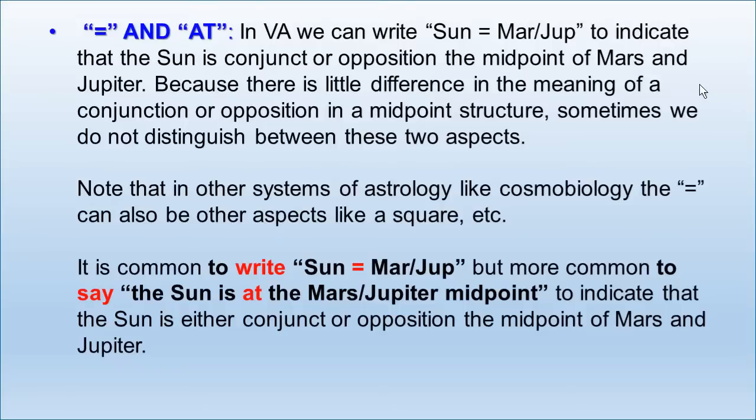In fact, if I'm reading something where somebody wrote Sun equals Mars, Jupiter, I don't even say it that way. I will say it as Sun is at the Mars, Jupiter midpoint. So when I read this, I translate it to Sun is at the Mars, Jupiter midpoint. That's just what I do, and I think probably most astrologers do. But you can say the word equals if you want to.